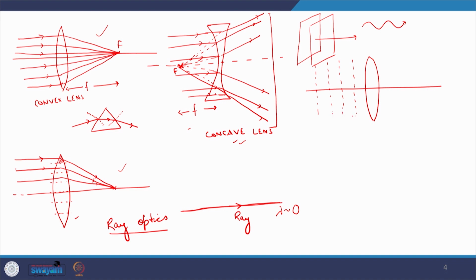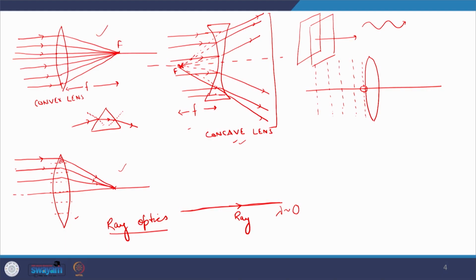Okay. Now, these wave fronts will come and the center portion of this wave front will see the lens surface first, because there is a curvature on the lens surface. The central portion is bulging out. Therefore, the plane wave front which is approaching towards the lens, it will see the central portion of the lens first. Okay.